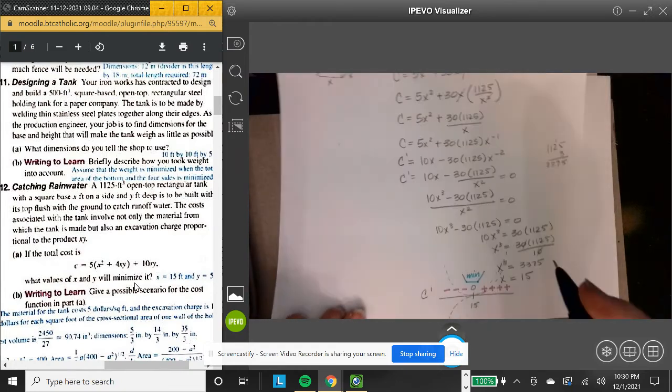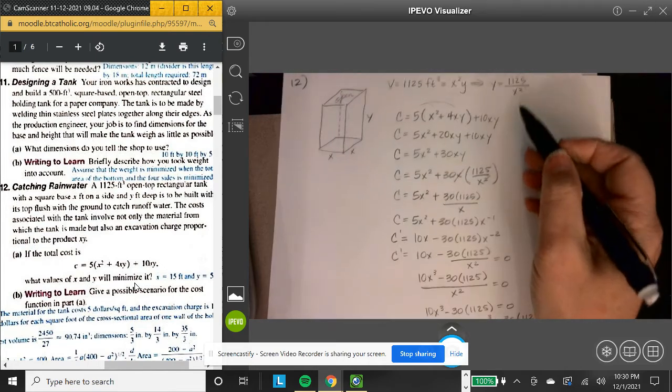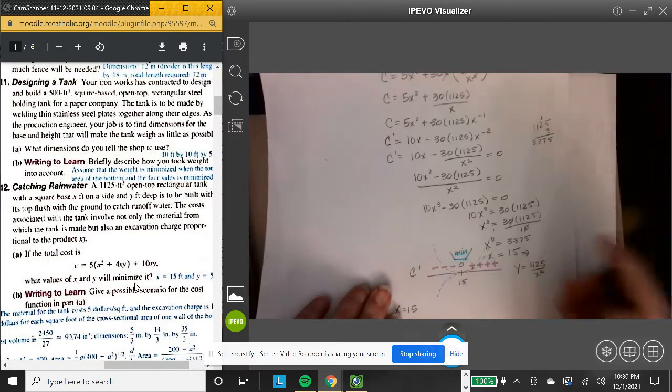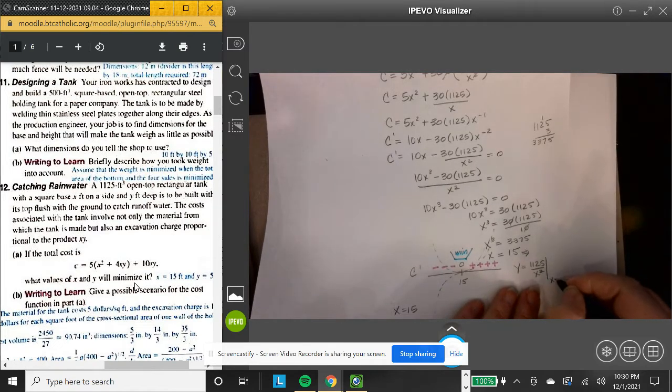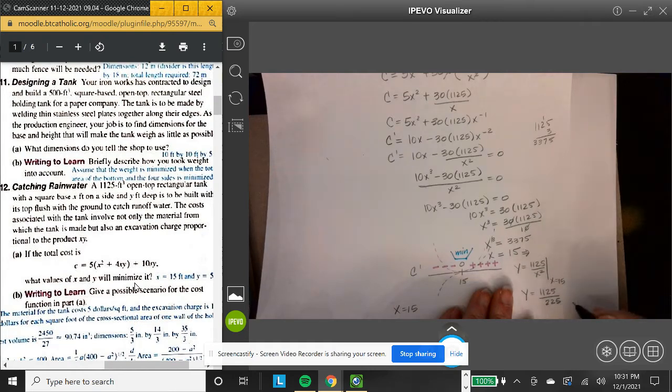Well, I still have some work to do, right? If x equals 15, we know that y equals 1,125 over x squared, right? Because that's a relationship we had from above. So let's say such that x equals 15. This is going to be y equals 1,125 over 15 squared, which is 225, right?